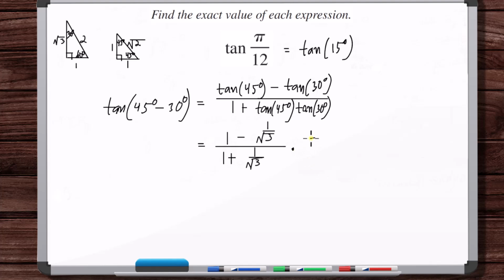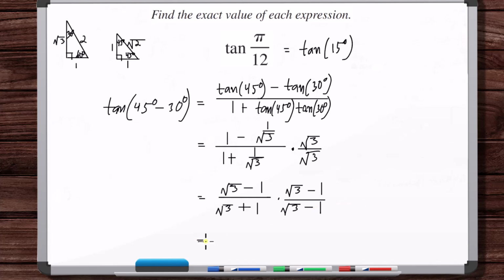Okay, so multiply this by root 3 over root 3. You get root 3 minus 1 over root 3 plus 1. So we can multiply this by the conjugate.